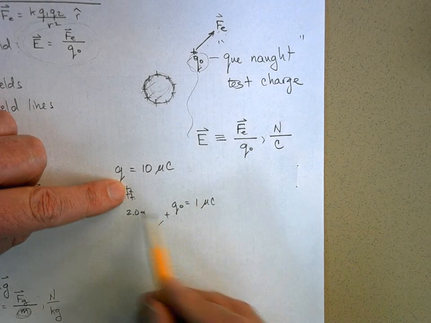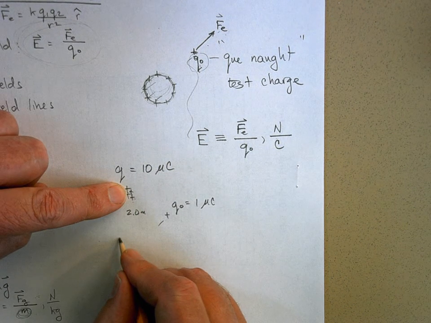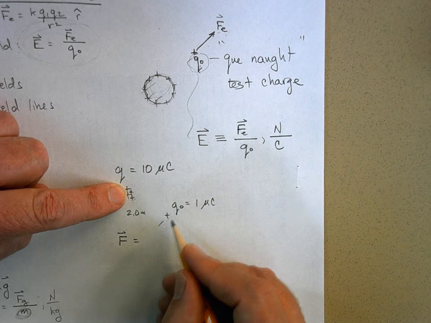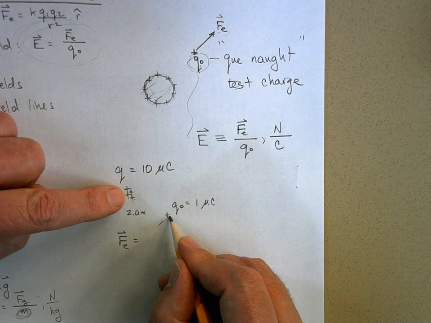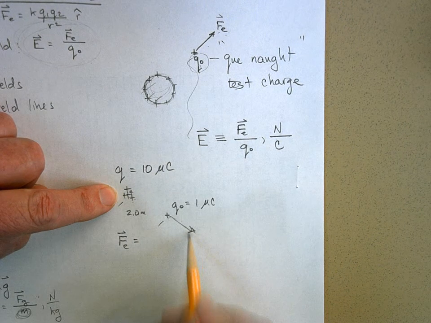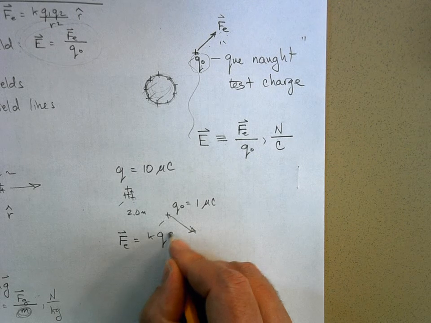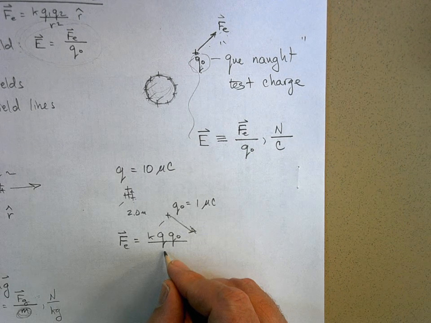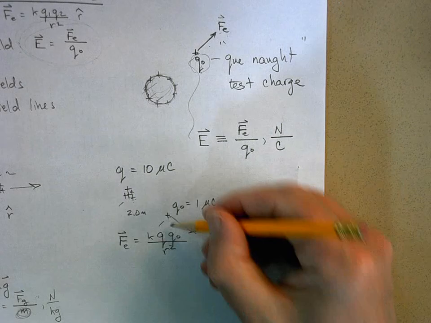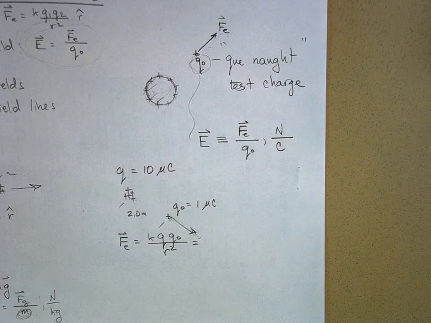So I can figure out what the force is on this guy right here. First of all, I can tell the direction. It's going to be away from this. And it's going to be K Q Q naught over r squared, right? That's Coulomb's law. And the direction is positive r hat, away from. So let's plug in our values now.